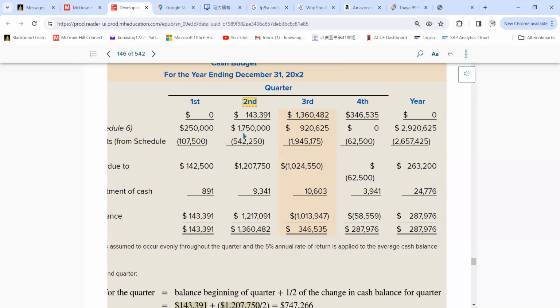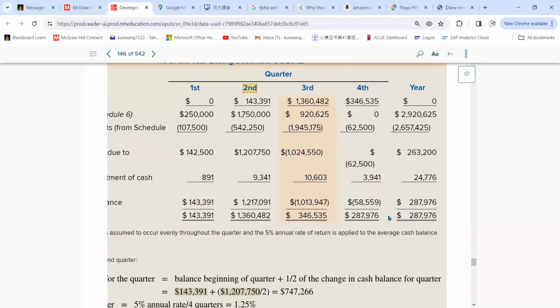Even if you have this unsmooth cash receipts and cash payments, overall for the year, this is your operating result in terms of the cash balance. This is the financial outcome of the cash term.